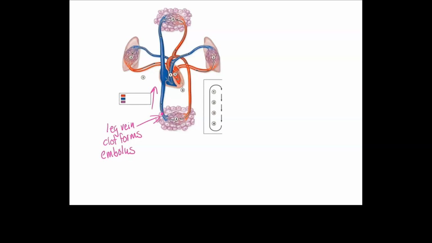If you think about the systemic veins, they start off really small. So a systemic vein that's out in your body is going to be small and narrow. As veins get closer to the heart, they merge together to make bigger veins.